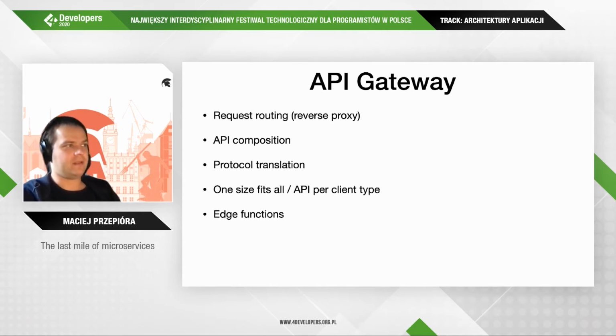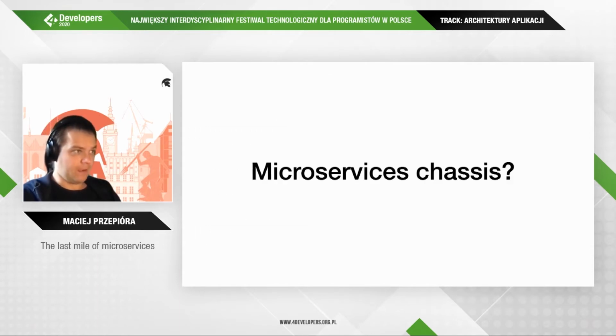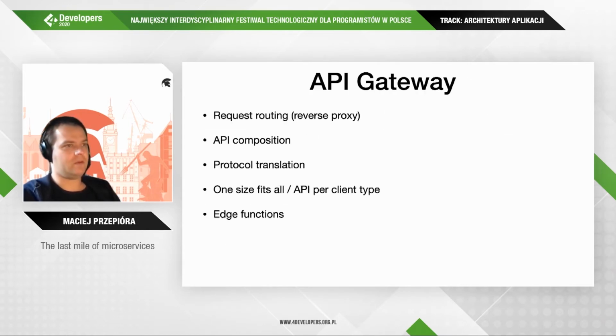And the final thing that an API gateway provides you with is edge functions, things like authentication, authorization, rate limiting, caching, collecting metrics, logging requests. So how do you develop such a gateway, an API gateway?